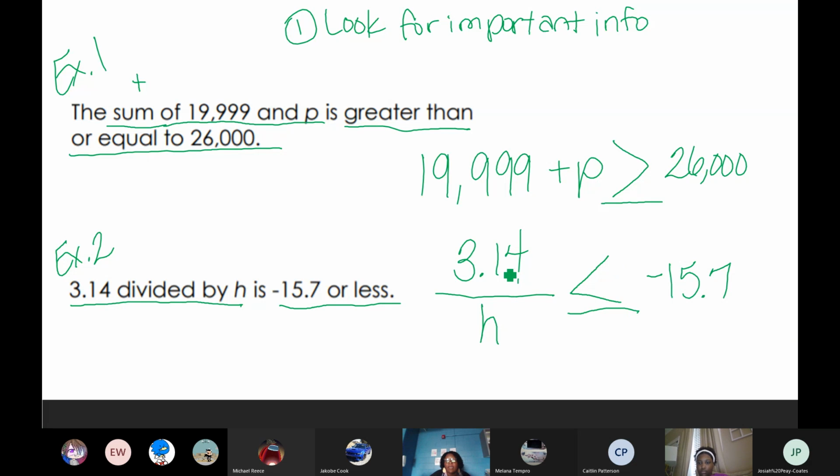So all we've done is we've written these as inequalities. Remember, Ms. Neville's recording this lesson if I'm going too fast for you.